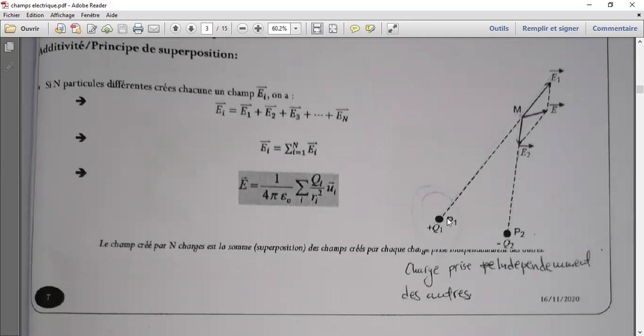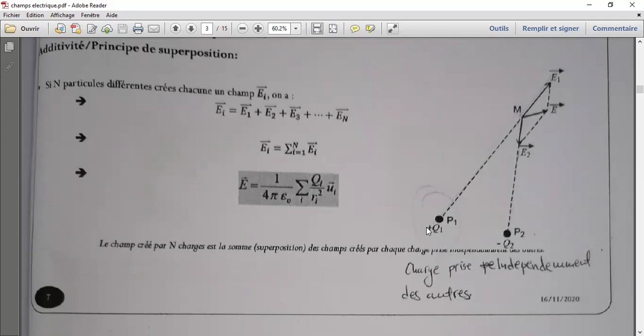So I calculate each champ. E1, since this one is positive, and imagine the point M is also positive, you have seen the champ is going outside, meaning there was a repulsion, they were separating.